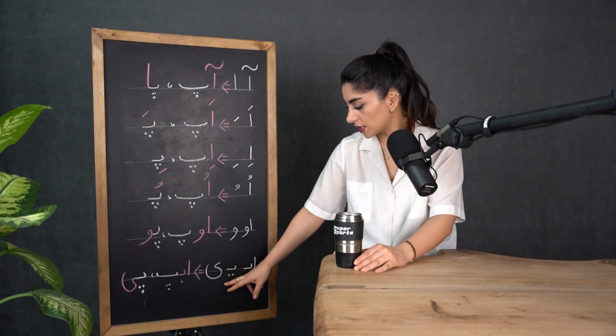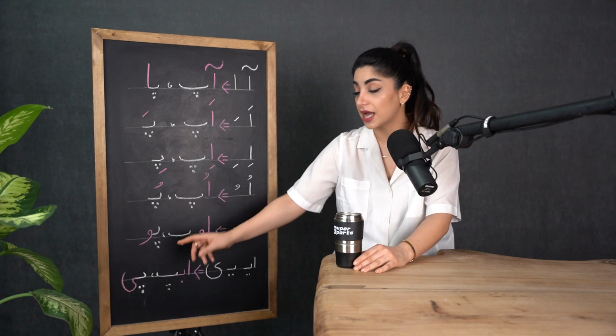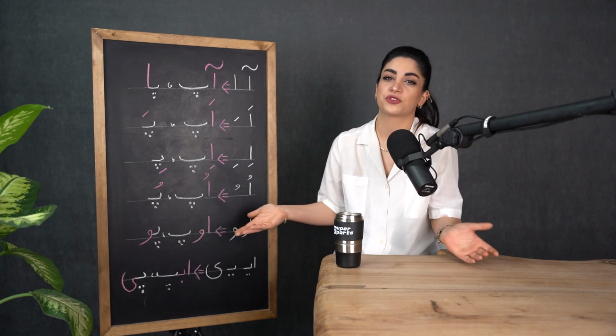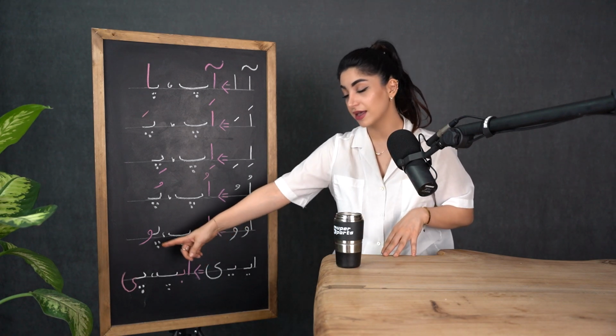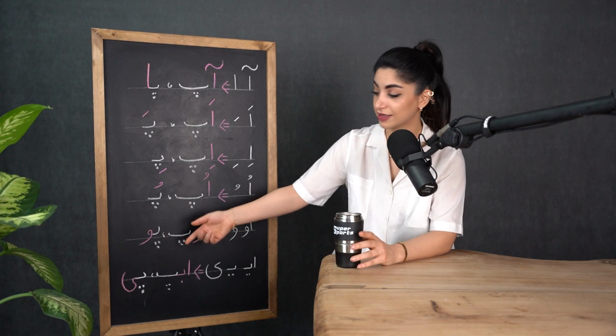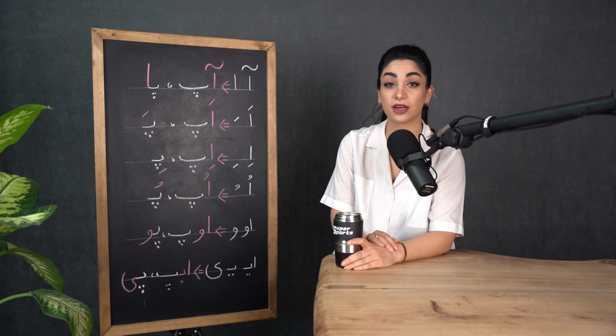But this one comes at the end. So when this one comes and P wants to attach, so naturally they attach. And when you want to read it, first P, then E. P, E. P, E. Together, P, P. Well, we did it all.